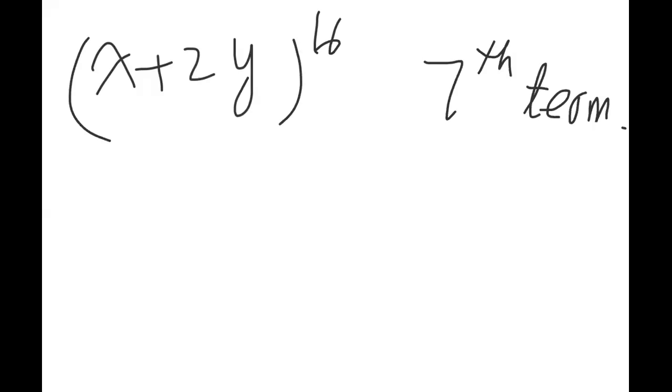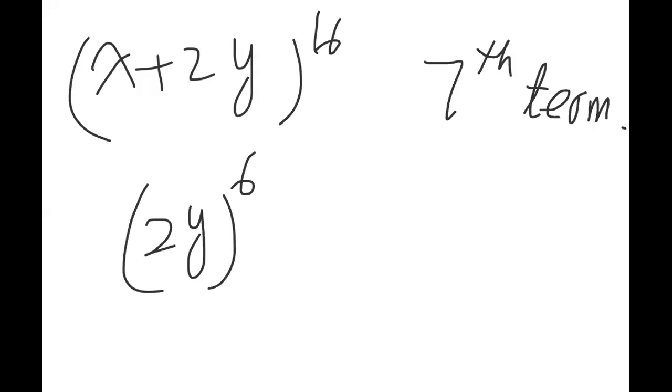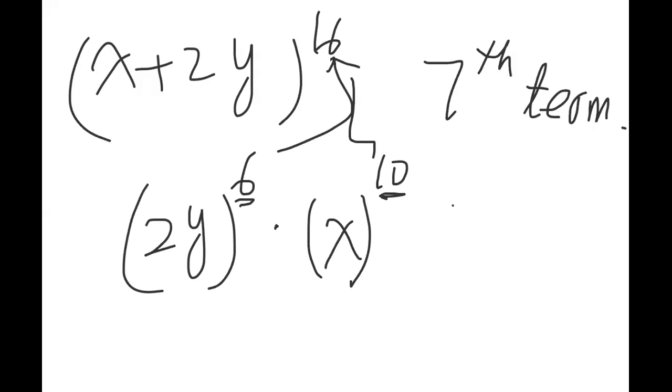Again, in the seventh term, you should have 6 powers of 2y times 10 powers of x, because 6 and 10 have to add up to 16. Okay. And what is the coefficient? That is, choose 6 from 16.